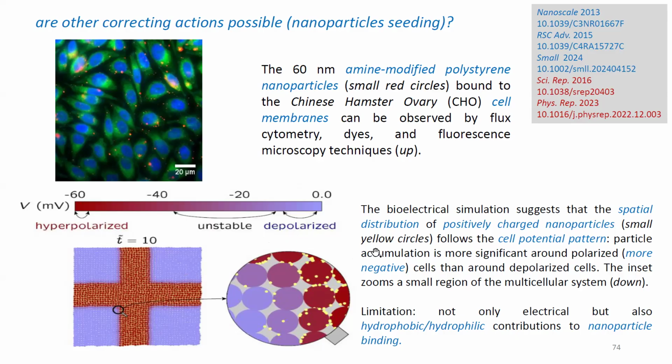The idea could be interesting, but experimentally, when it is attempted, not only the charge of the nanoparticle but also the hydrophobic and hydrophilic properties of the nanoparticle surface is important, because it can regulate the nanoparticle binding to the cellular membrane in addition to the charge of the nanoparticle.